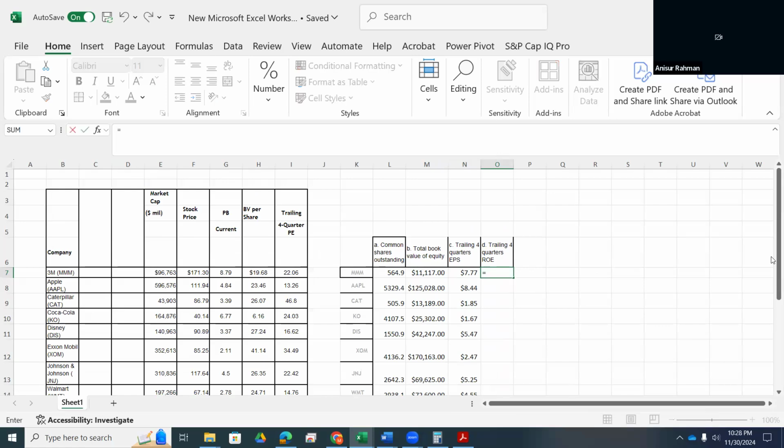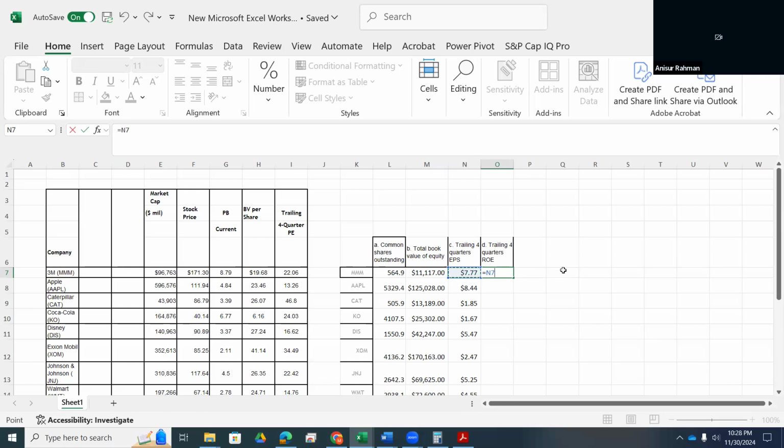So enter equal, your net income is this EPS, earnings per share. So your EPS is your net income divided by number of shares. So we found out our net income per share, earnings per share, whatever you call it.